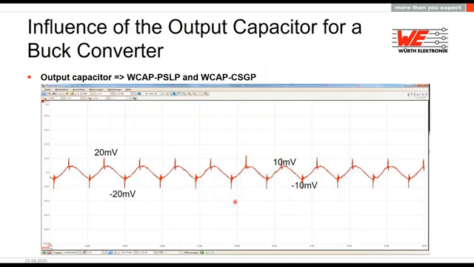A really good layout means for me that some parasitics from the ESL will be removed, and then I just get 20 millivolt as a ripple, and I think this is a really good result. This is what we can achieve when we use the right technology and combine technologies. This will lead to really good performance of the regulator itself.